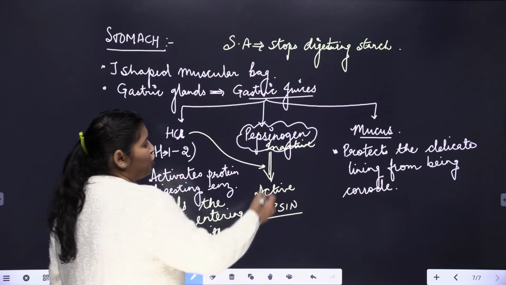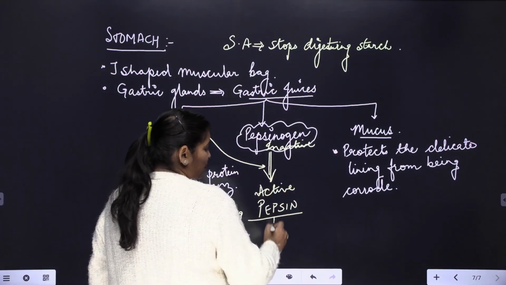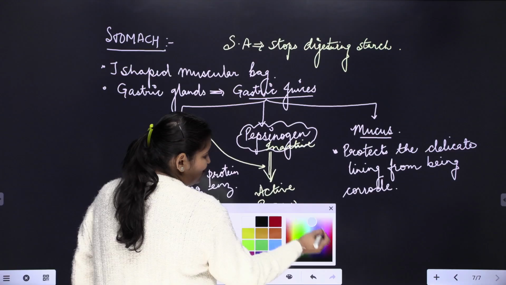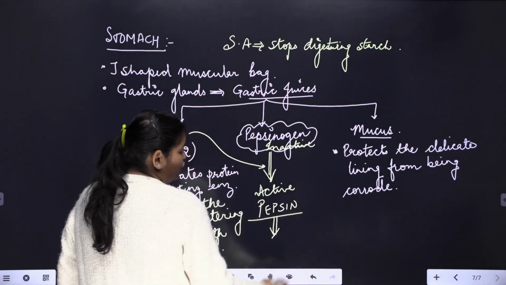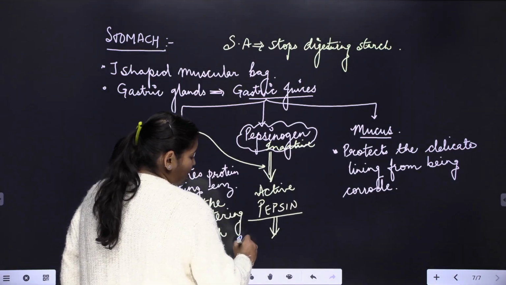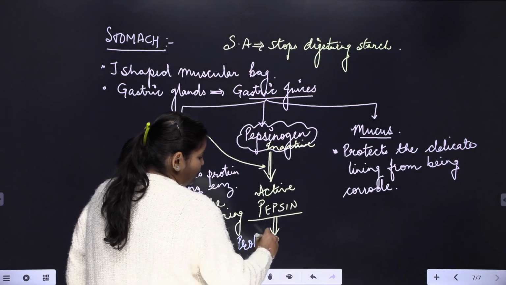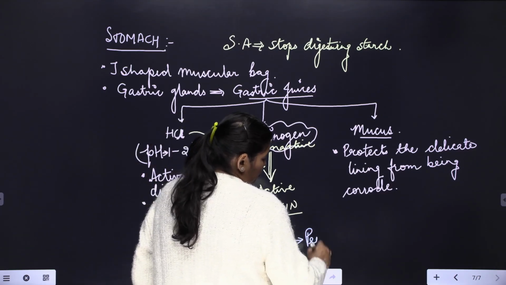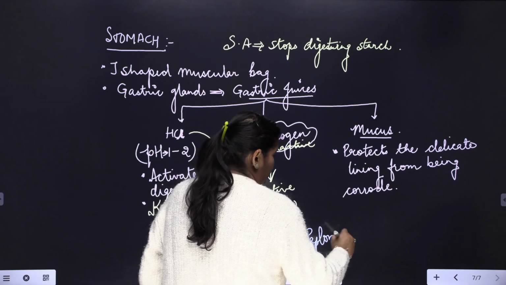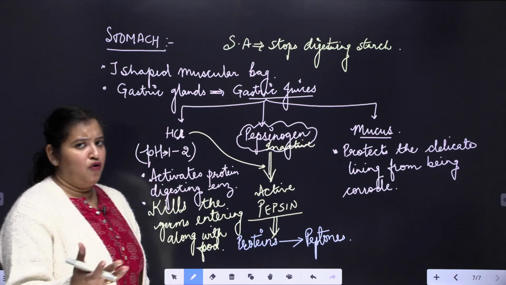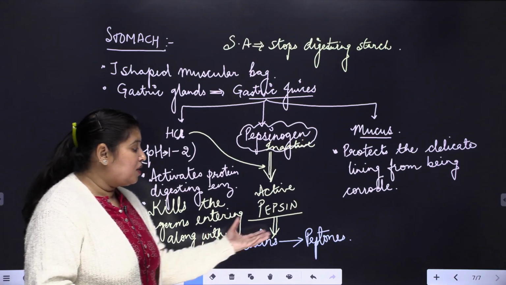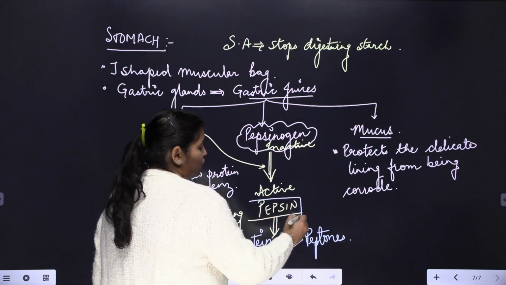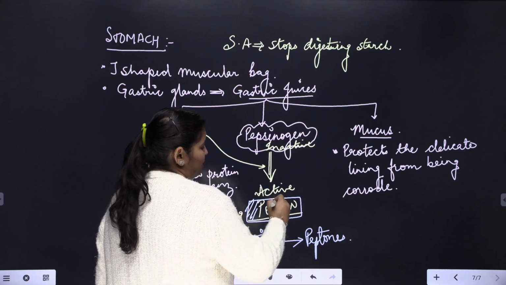The pepsinogen to pepsin conversion is very, very important. Now, definitely it will have a certain role to play, and that role is it will break down proteins into peptones, which is again a simpler form, not the simplest. Proteins break down into peptones in the presence of this enzyme, which is called pepsin.